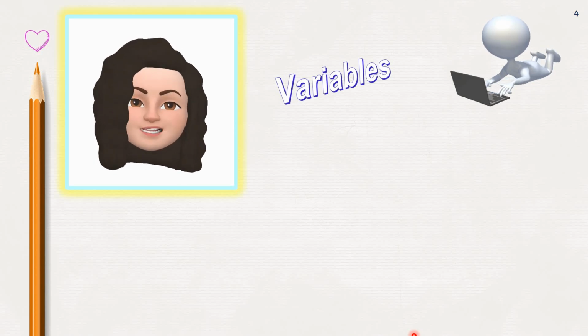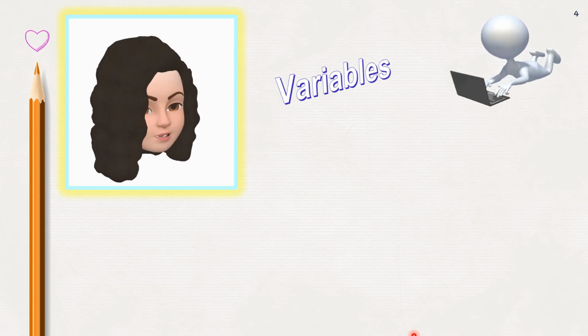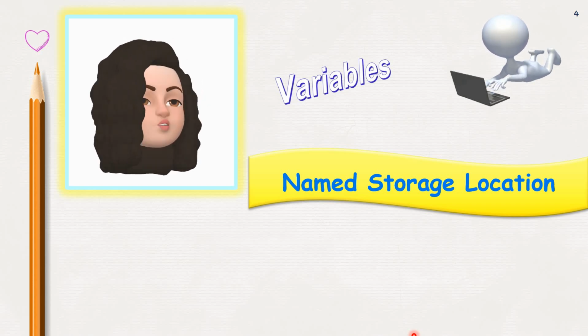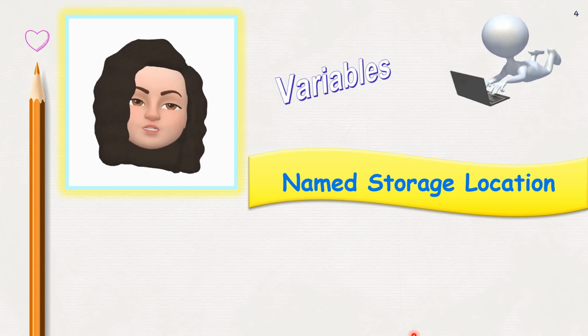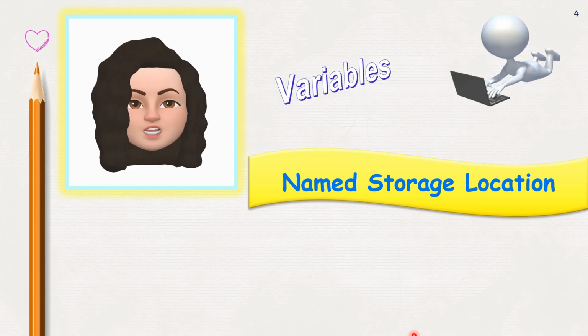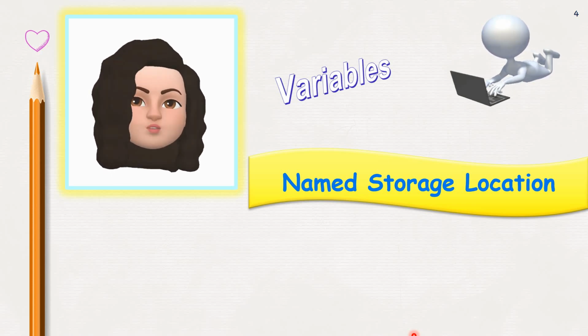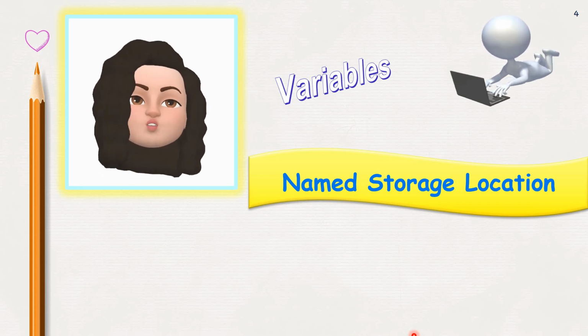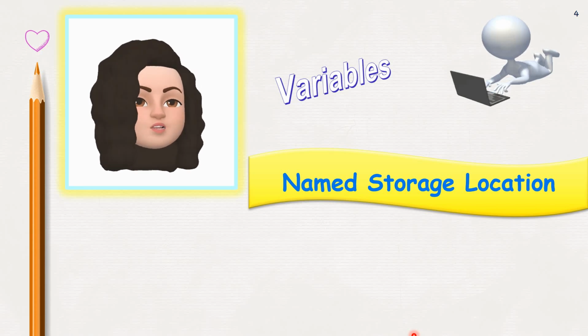Variables. Variables are nothing but named storage locations. In memory, there are so many places where we can store a value. Suppose there is a value called 10. I'm storing it in the memory, and wherever it is stored, there will be a name for that storage location, that memory location.